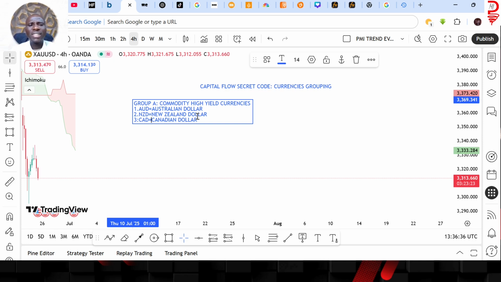Now, these currencies are commodity currencies. The implication is that these countries are largely massive exporters of commodities.